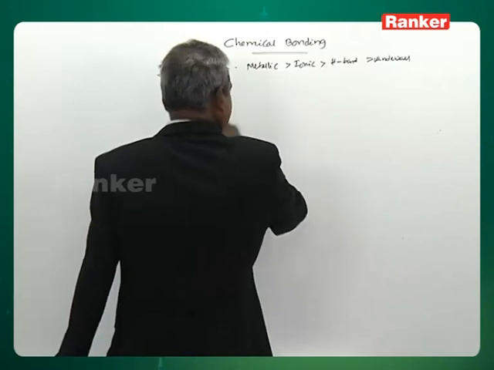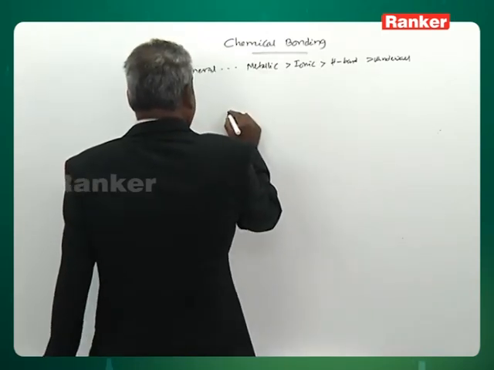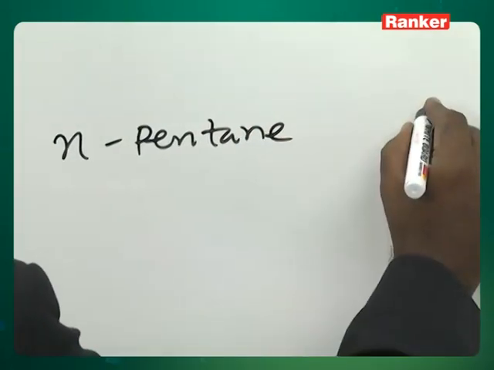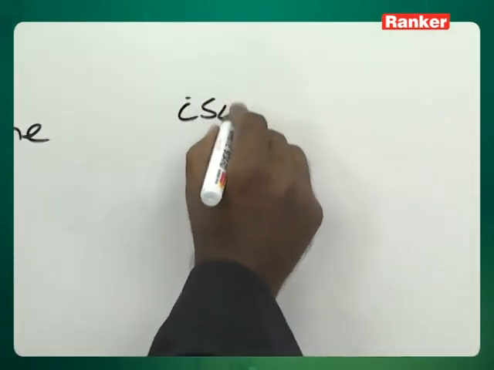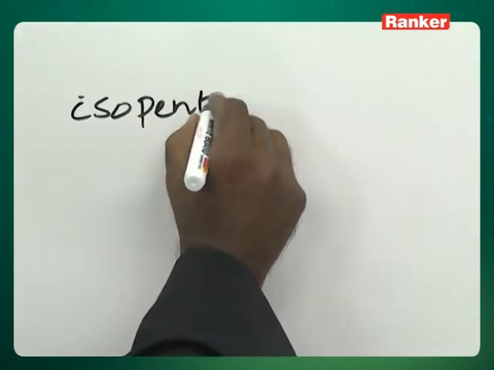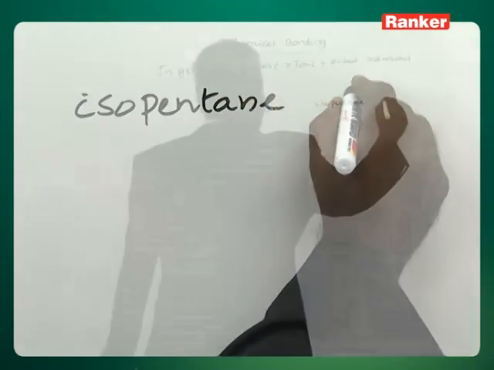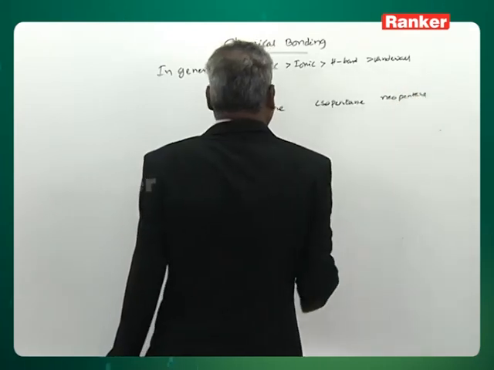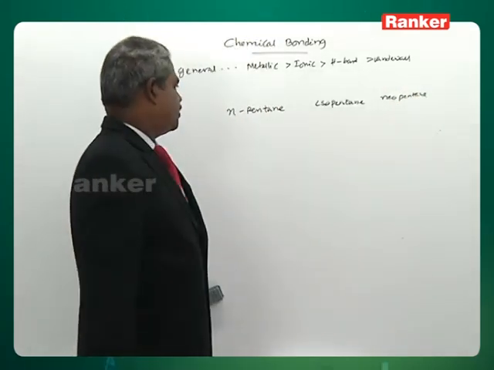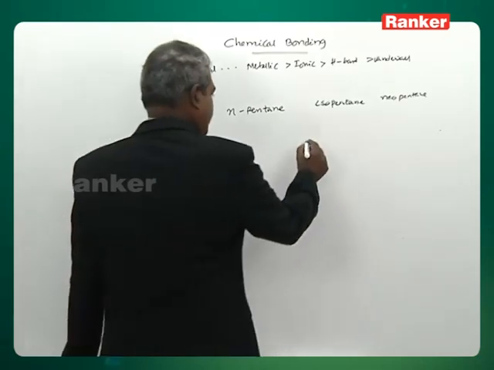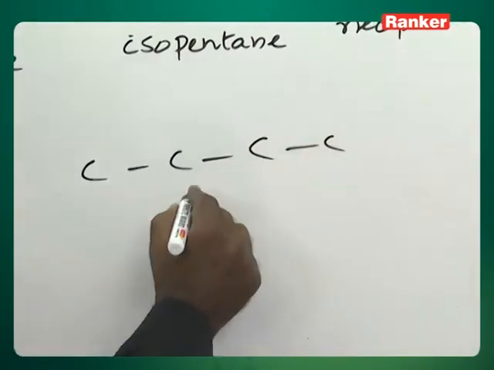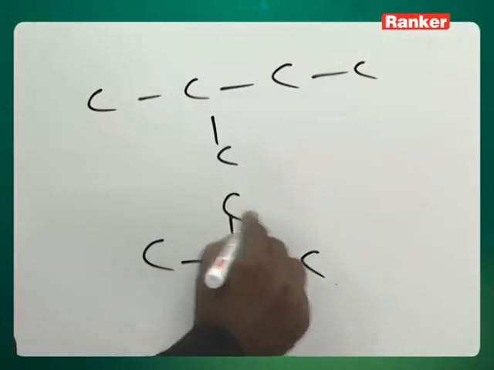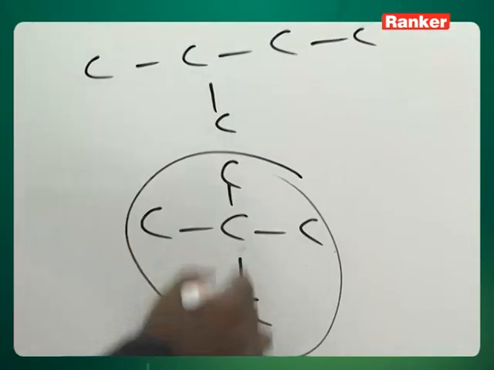So, you have n-pentane, isopentane, neopentane. N-pentane, there is no branch. Isopentane means one branch. This is isopentane and this is neopentane. 5 carbons, but still 2 or like this.